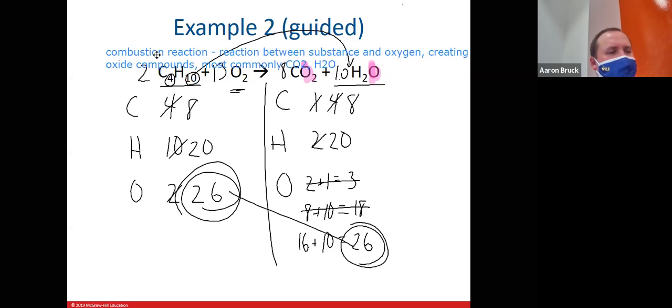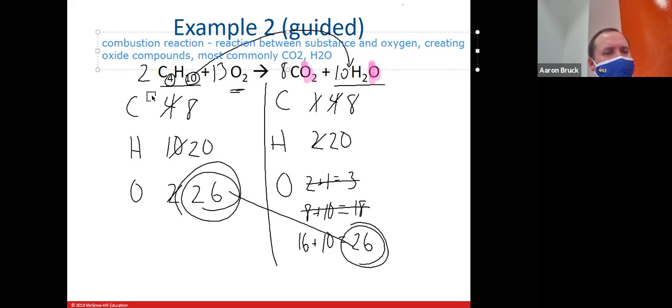Now, those products are the result directly when we burn hydrocarbons, organic materials that have carbon and hydrogen in them. So when we burn wood for a bonfire, carbon and hydrogen are part of the wood. They're part of the cellulosic structure of that wood. And we get carbon dioxide and water as a result of that burning.